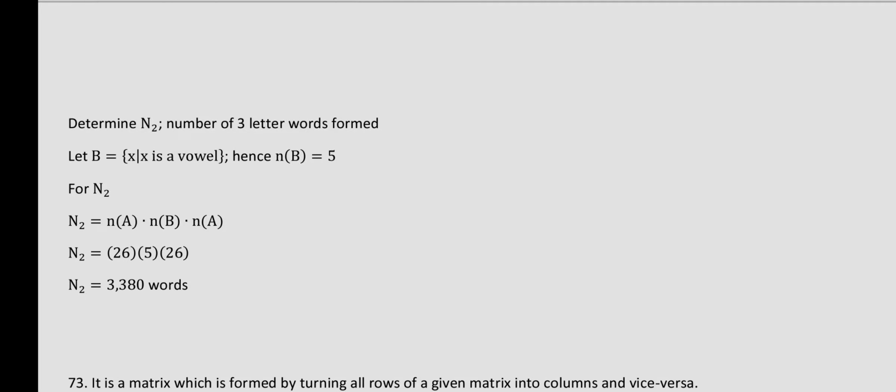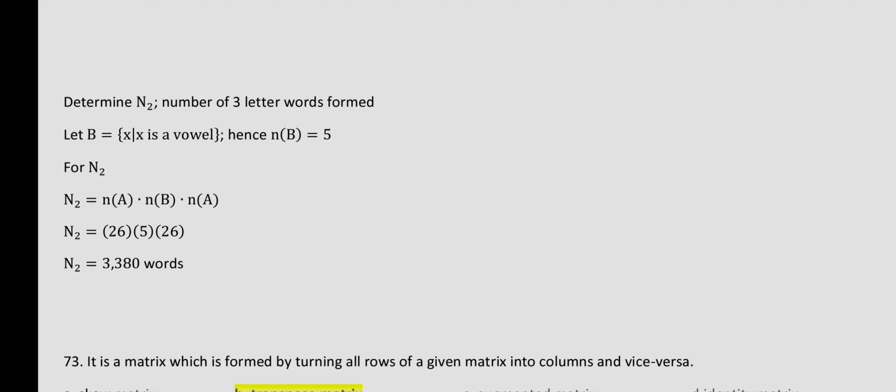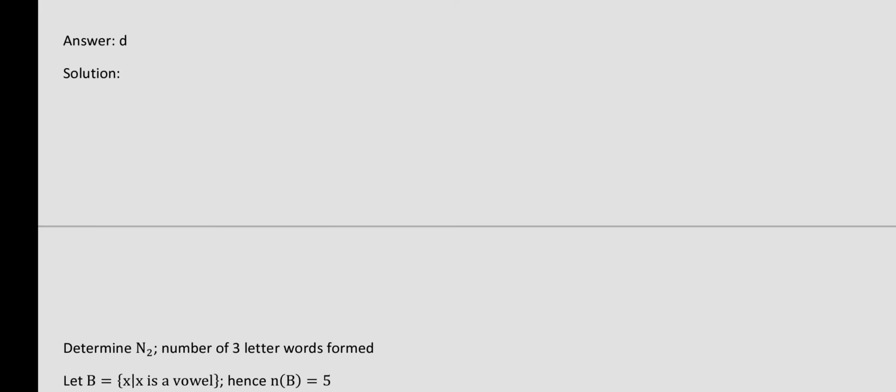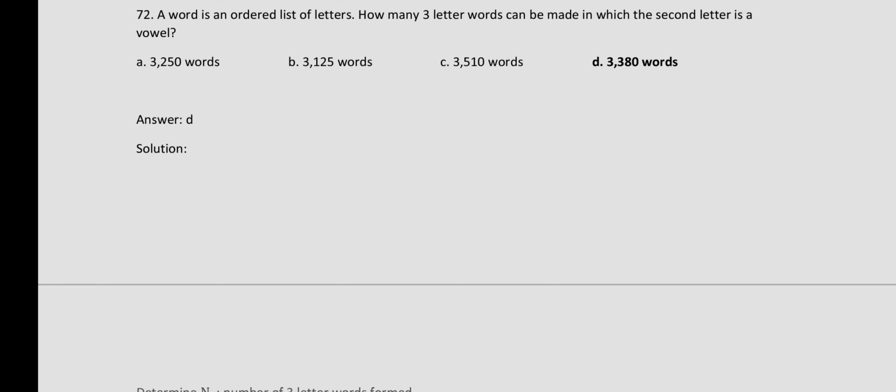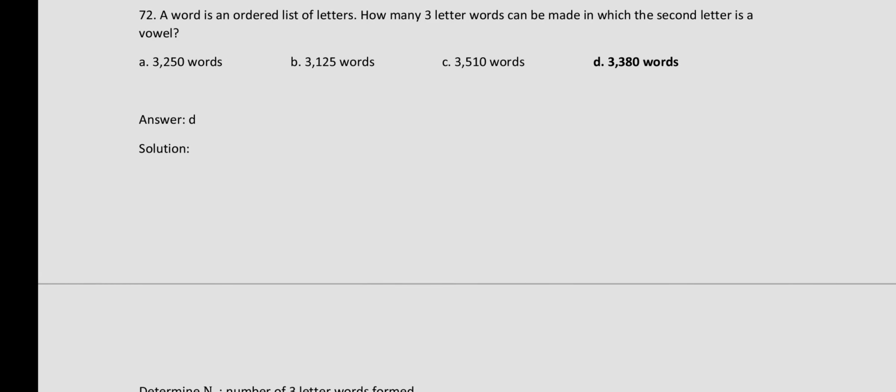Kasi yung pangalawang letter mo daw ay vowel lang. So, magiging 26 times 5 times 26, magiging sagot mo ay 3,380 words. Yan po ang sagot sa number 72. Letter D. Tingnan mo yung tanong na yan. Sagot yan ay letter D, 3,380 words.